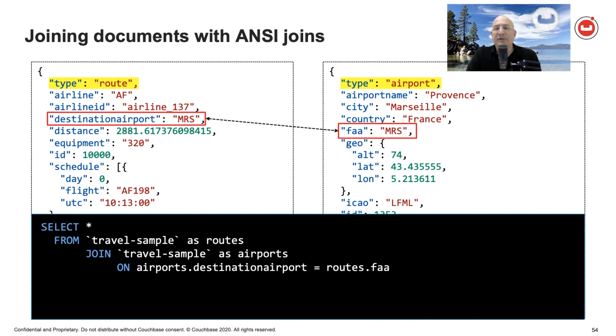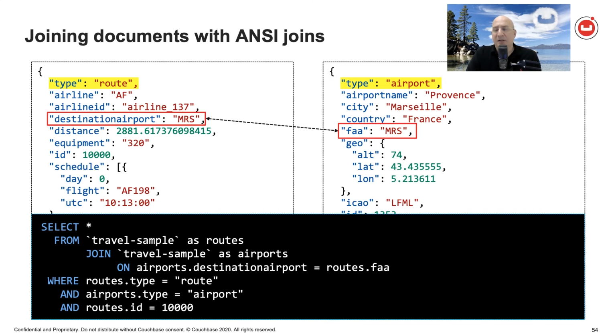Then we need to specify that the document set on the left side refers to documents of the type route, and the document set on the right side refers to documents of type airport. Then we can add some more filtering conditions as much as you wish.